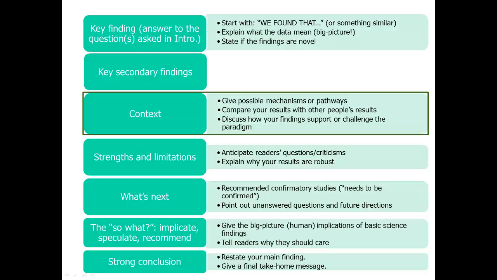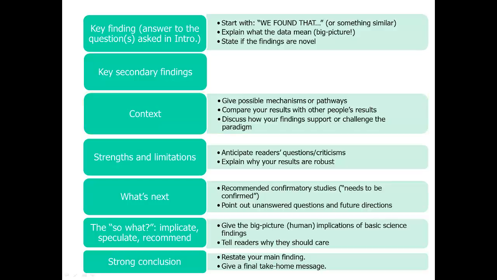Compare your results with other people's results. This is where you dive into the literature and say what's out there already on this topic. How do your results fit in? Are they confirming other results out in the literature? If they're in contrast with other results in the literature, why do you think you got different results? That's where you put everything into the context of the wider literature. So right there, you've got the bulk of your discussion.